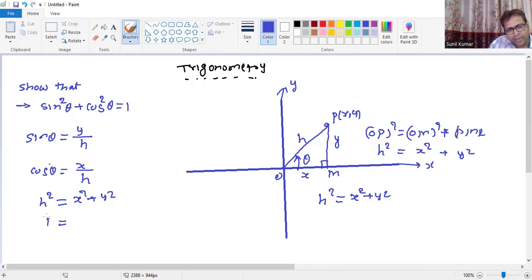If we divide by h square on both sides, we get 1, and here we have x square by h square and y square by h square. This we can write as 1 equals x by h whole square plus y by h whole square.